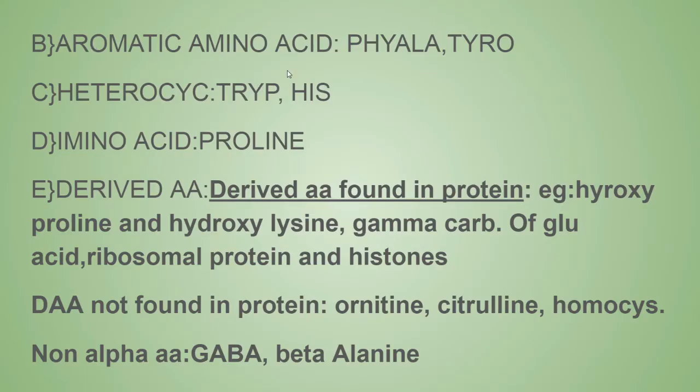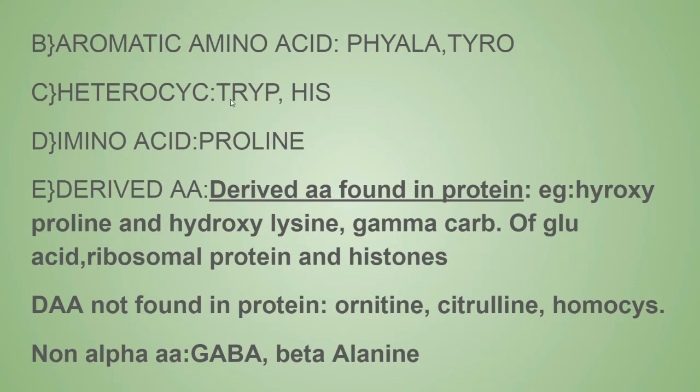Now the aromatic amino acids. As the name says, aromatic means they have an aromatic ring. The examples are phenylalanine and tyrosine. Now the heterocyclic amino acids: mainly the ring contains carbon atoms along with other elements, and they also have a nitrogen containing group.